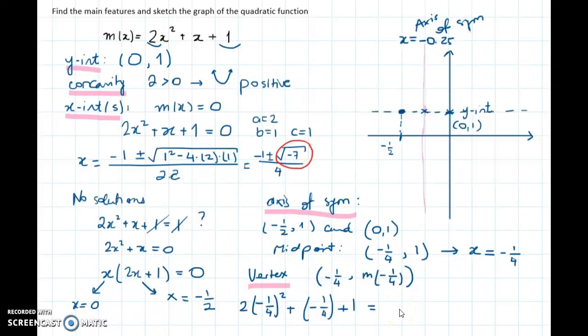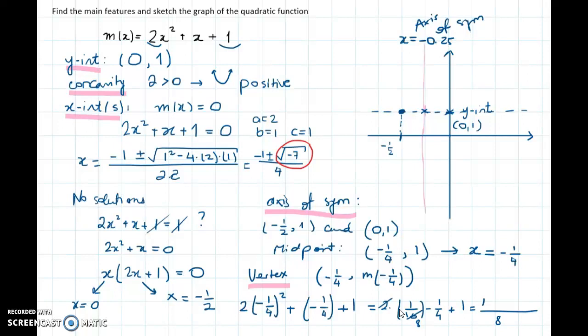And doing the computations here, so 2 multiplied by 1/16 minus 1/4 plus 1. Here I cancel 2 with 1 factor 2 from here, so we get 8. We need to take a common denominator to be able to sum this. So 8 is going to be my common denominator.